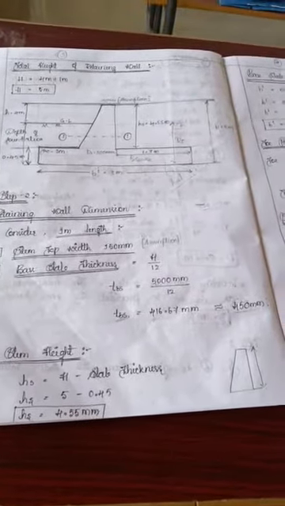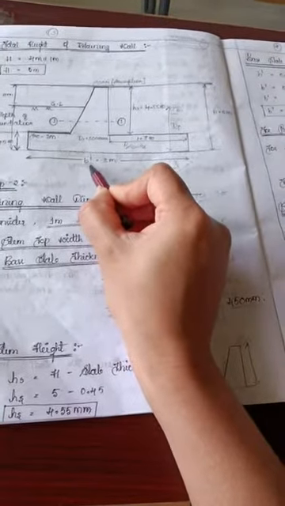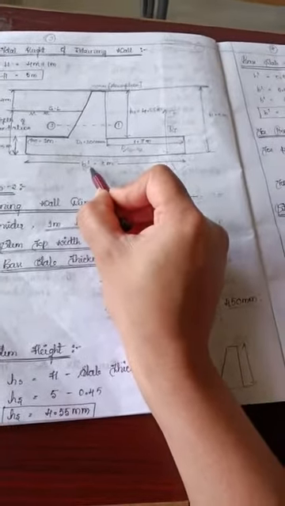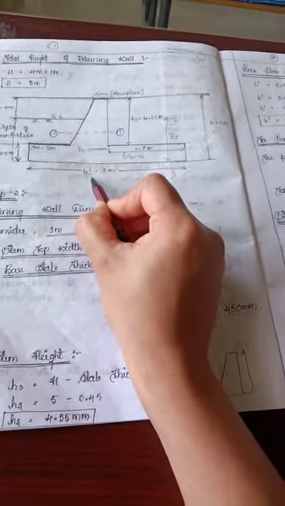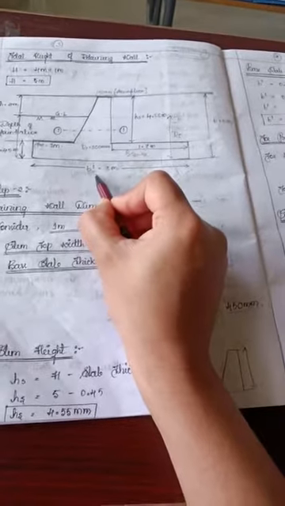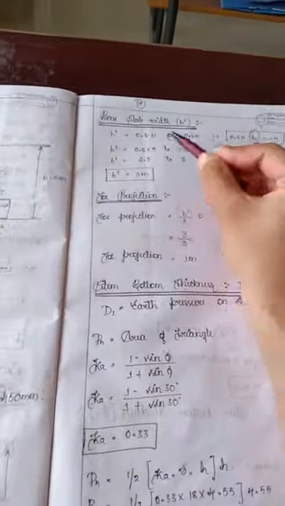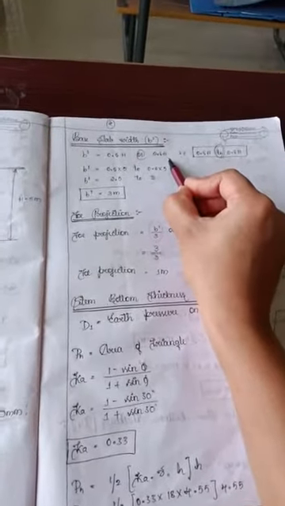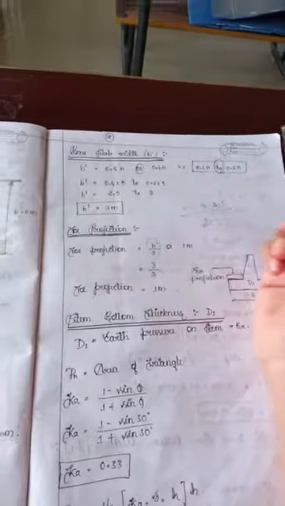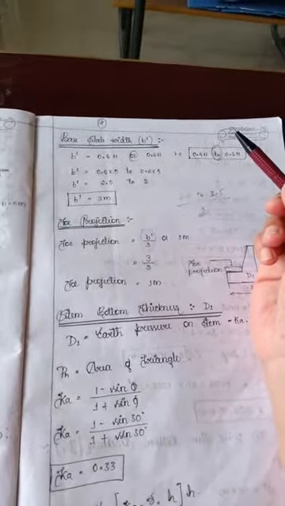After finding all those things, now we find B dash, otherwise B1, the base slab width. For finding the base slab width, the formula is 0.5 H or 0.6 H. The value should vary between 2.5 to 3.5.